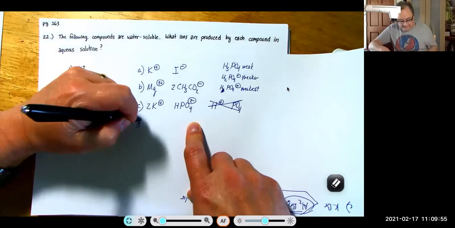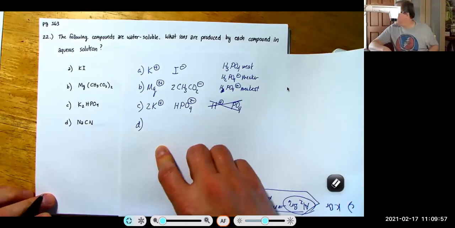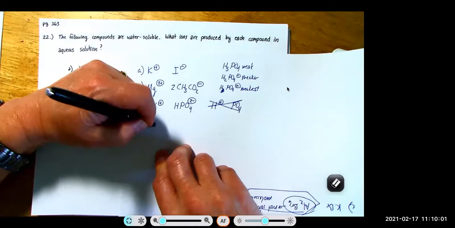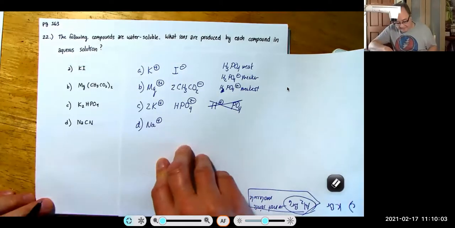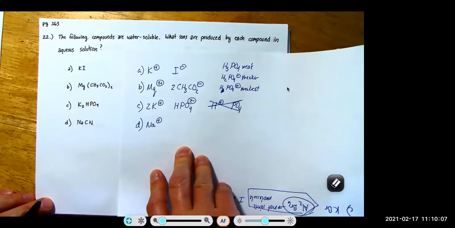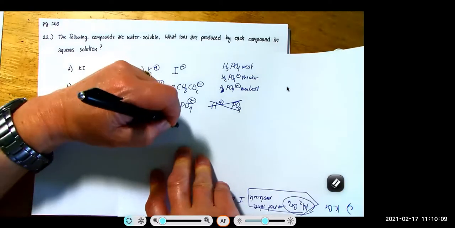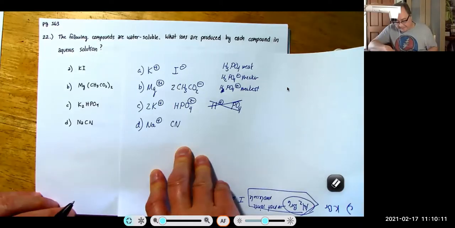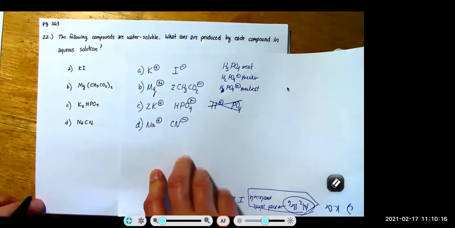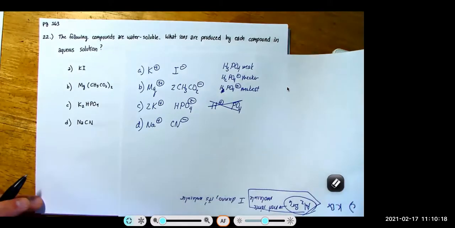How about D? Yes, because of 1A ion. What's the other ion? CN, they go together. What's the charge on it? Minus. Correct. Okay. All right.